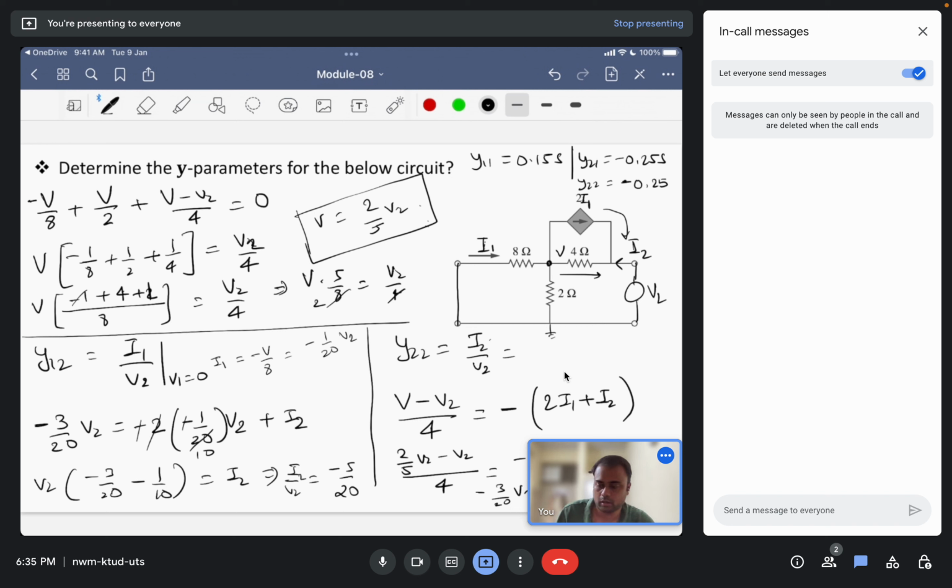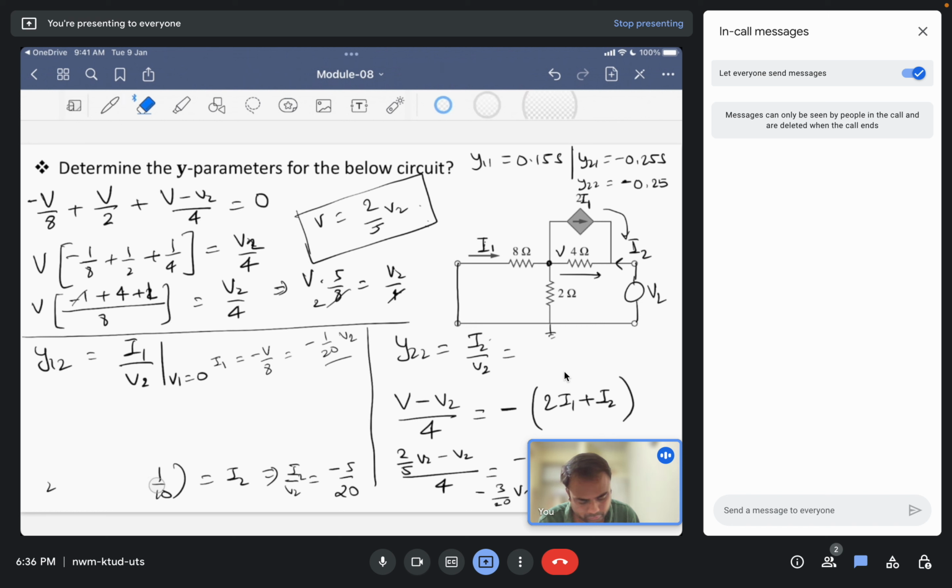Okay, and finally we have to calculate Y12. So I1 we know is minus 1 by 20 V2. So let us substitute I1 here.